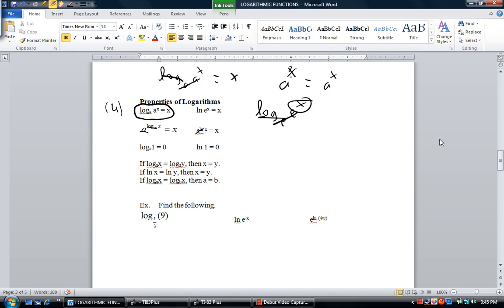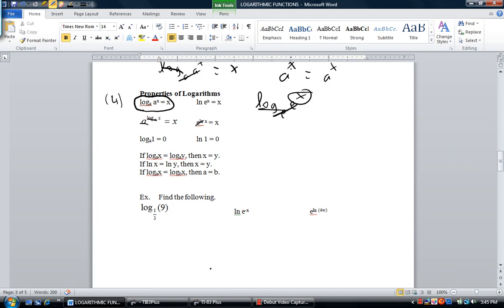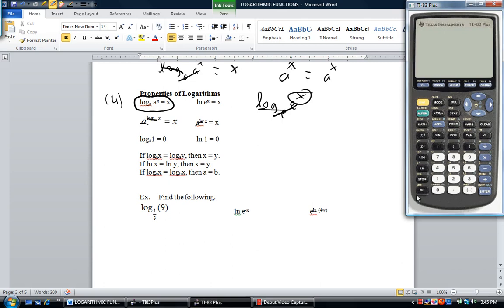Simple enough. Same bases. Now this one, I'm not going to think too much about it because I have a calculator. If I type in log of 1, you get 0. Type in natural log of 1, you get 0. And the reason why is because you have to think about it. What are logs? They're exponents on the base that gives us, in this case, the 1.